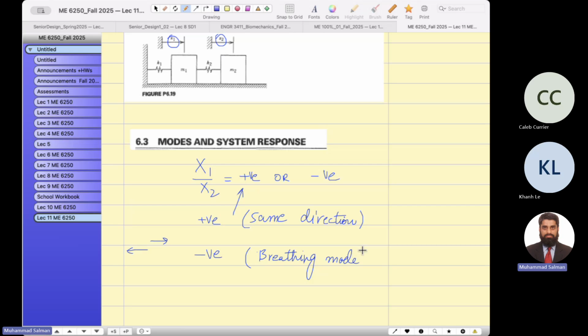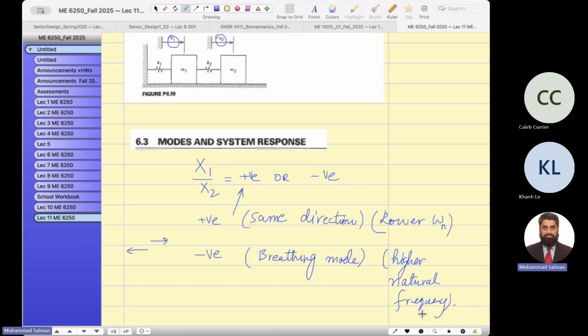And this mode has a higher frequency. This mode happens at a higher fundamental frequency, higher natural frequency. We also call it eigenfrequency. And the other is at a lower natural frequency, lower omega, I would say omega 1.